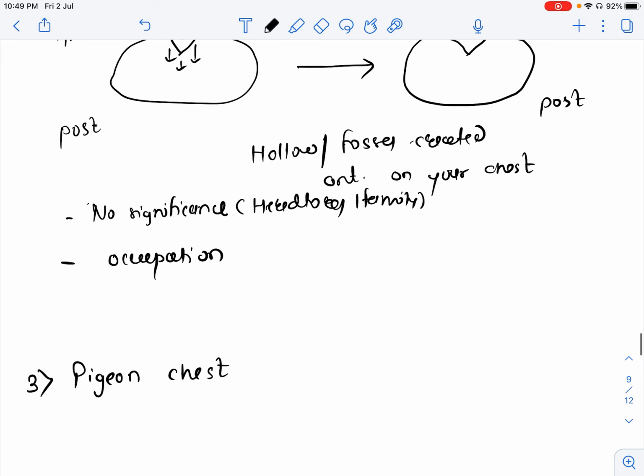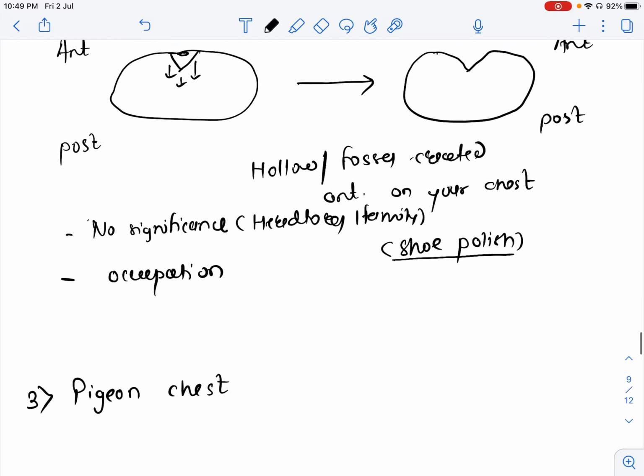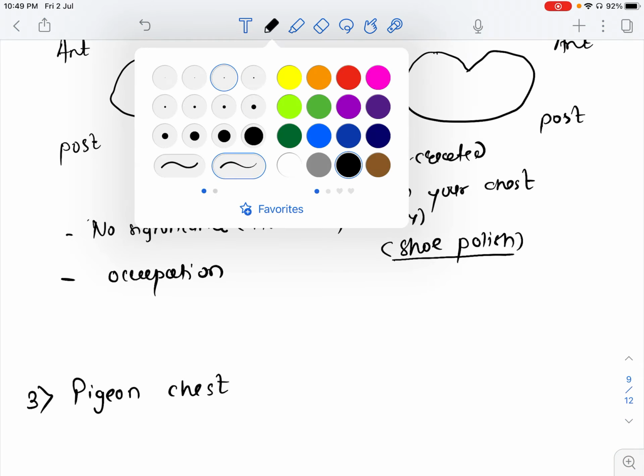For understanding this, I'll tell you an example. Suppose there is a person who regularly does shoe polish. He polishes the shoes of other persons. Now what we see right now is, if you want to get your shoe polished, you go to a person and he has some instruments with him.